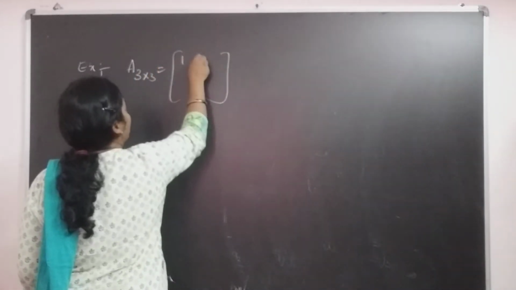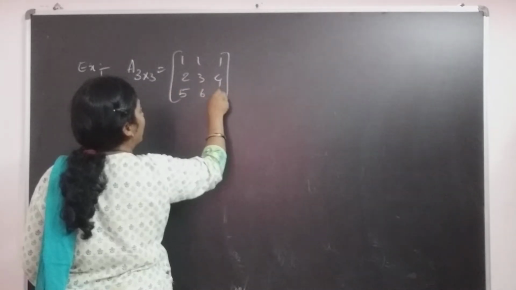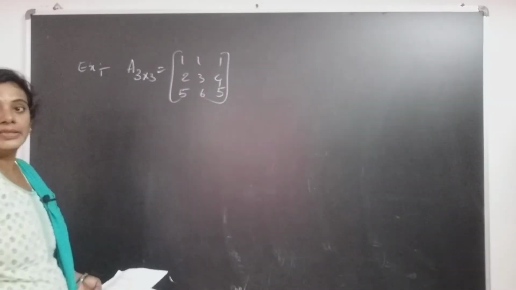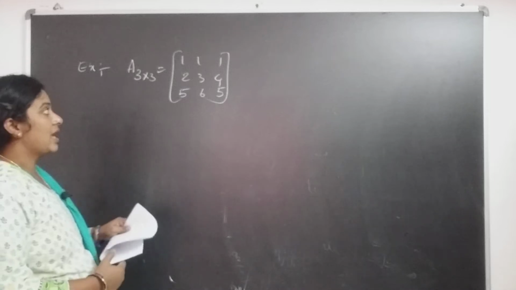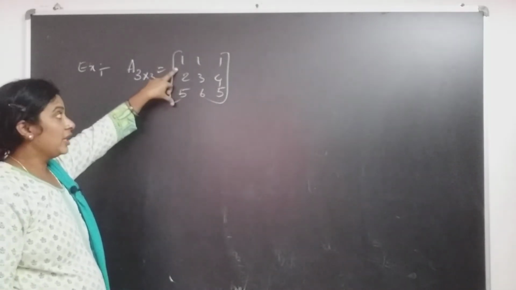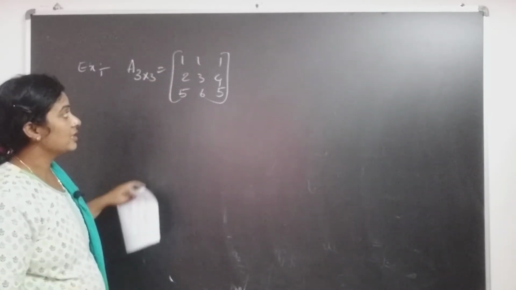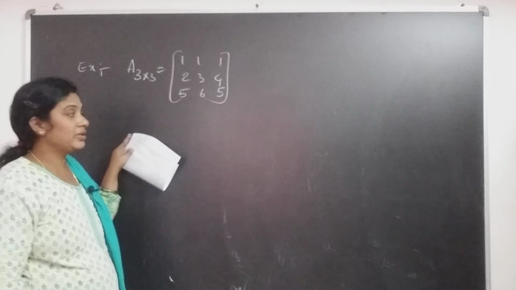Then we can take 1, 1, 1, 2, 3, 4, 5, 6, 5. It is one example of a matrix. It has 9 elements, arranged in 3 rows and 3 columns. It is called a square matrix. This is a 3 by 3 matrix.